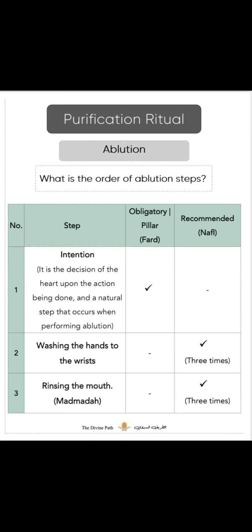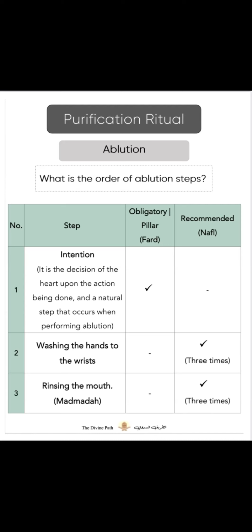Okay, so as I read in the lesson, you notice that some of the steps are marked in both columns, in the pillar column and the nafil column. So in these cases, a person must perform the step once as the pillar and can also perform it 2 other times besides the 1 time as the pillar.